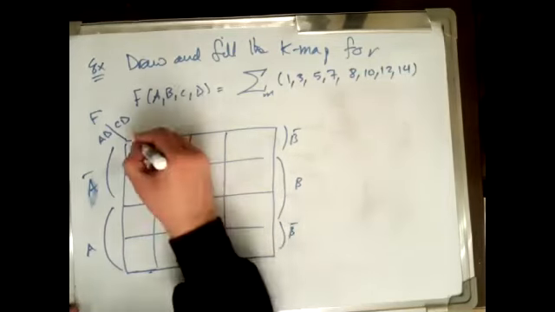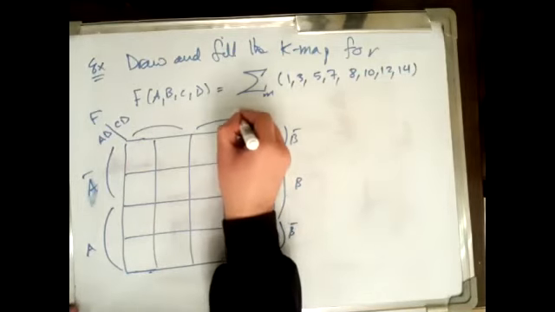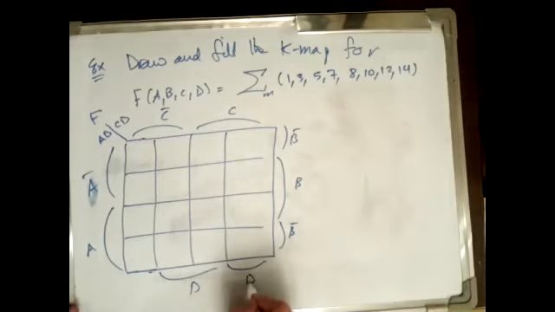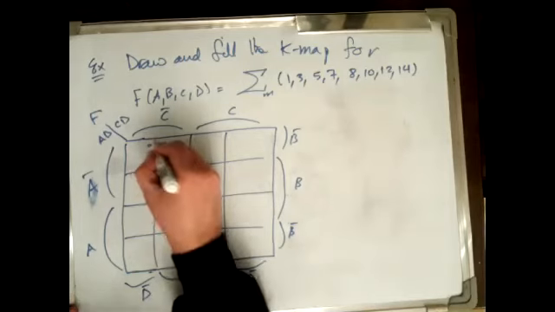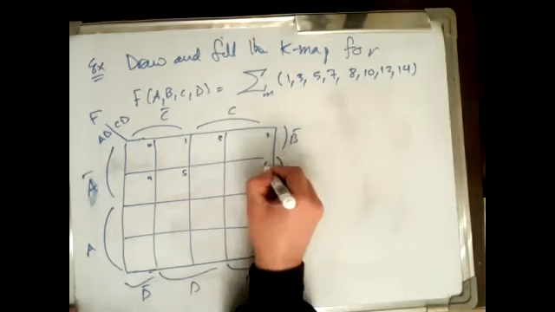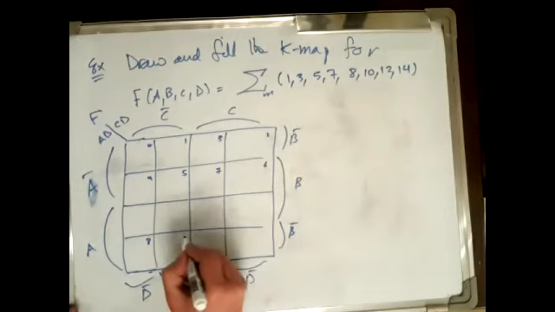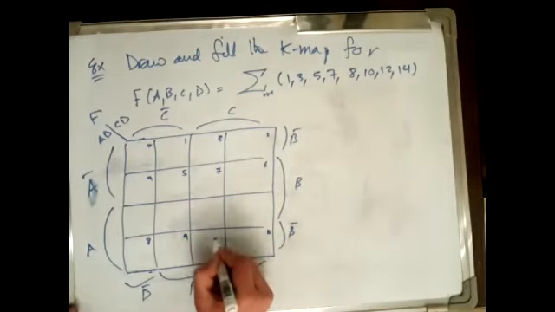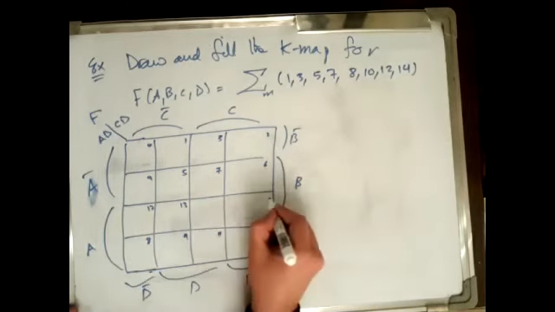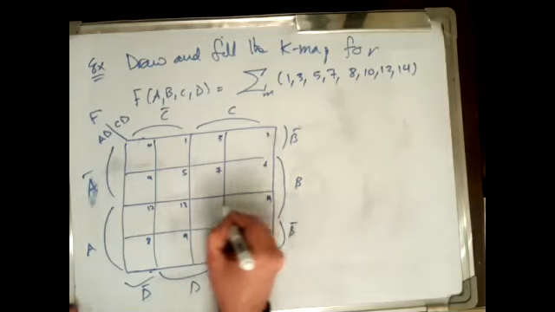This is C bar, C, and this is D, D bar, D bar. Let's write the minterms: 0, 1, 2, 3, 4, 5, 6, 7, 8, 9, 10, 11, 12, 13, 14, 15.